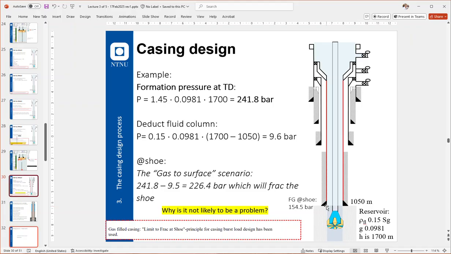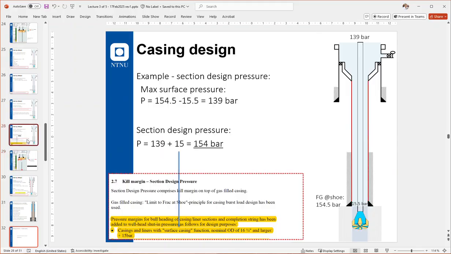Because we detect kicks and we circulate them out, and you will never see this pressure on the surface. You will never really go above the 139 bars in any case. The 154 bars, understand that this is the section design pressure. It comes from being able to bullhead back on top of the 139 bars.